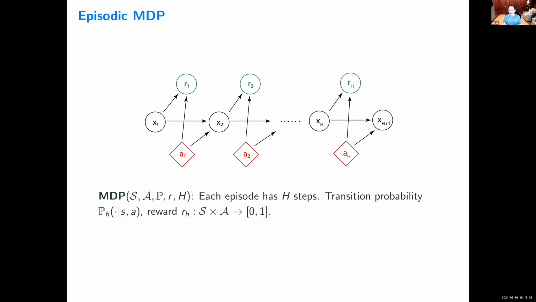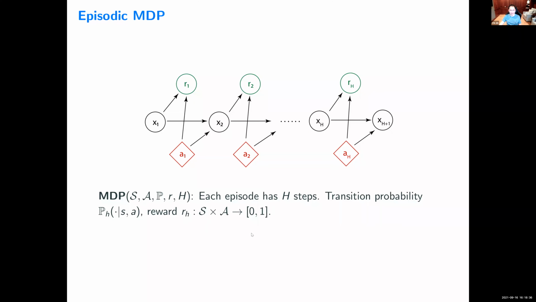For single agent reinforcement learning, we're going to study the classical model, the so-called episodic MDP, which I guess most of you probably know first if you learned reinforcement learning. The MDP we already kind of introduced. We have states, actions, and a transition probability P, conditioned on the current state and action: if I'm currently at a state and take some action, what is the probability of transitioning to the next state.